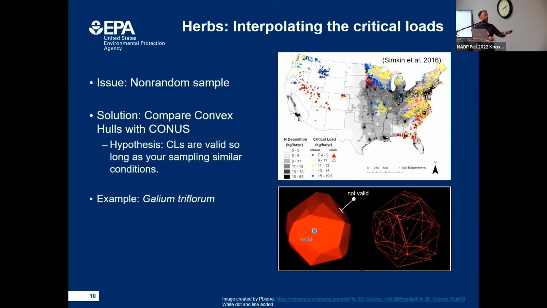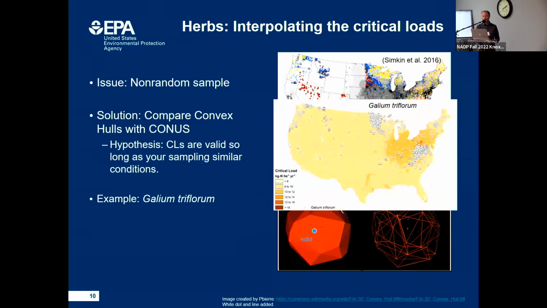And so what we do is we use convex hulls, this is just illustrated here, where you basically take the entire data set, wrap it around a multidimensional figure, and see if the areas with no data are inside or outside of that shell. If they're inside the shell, then we think we have some confidence to apply the equations there. And if we're outside the shell, we're just outside of the data space and we shouldn't do it. So that's some of the work that we have ongoing, and Jen Phelan, who can't raise her hand, or she's online, is helping lead that.